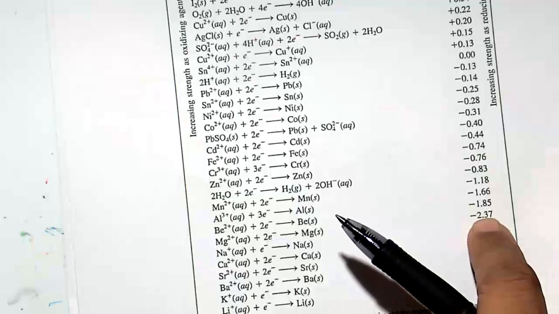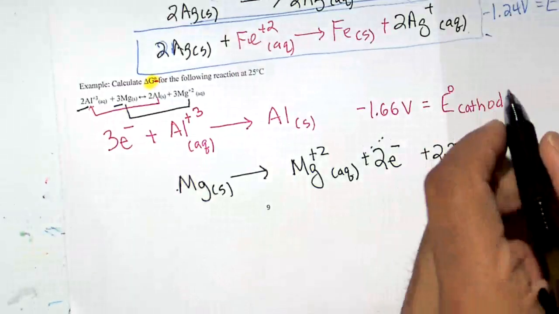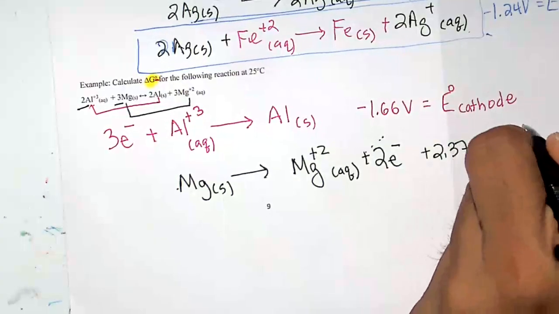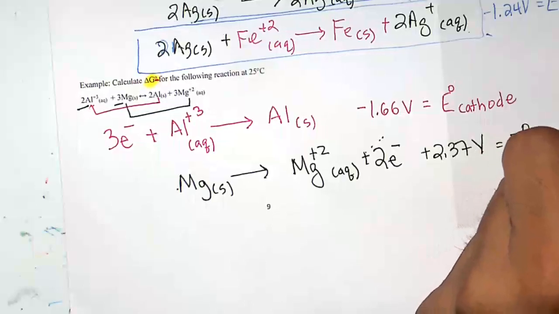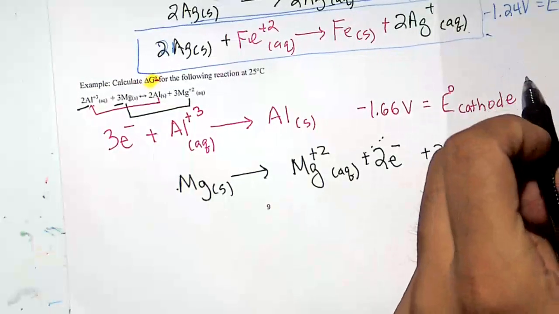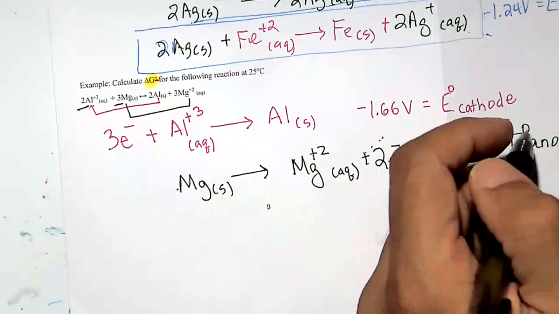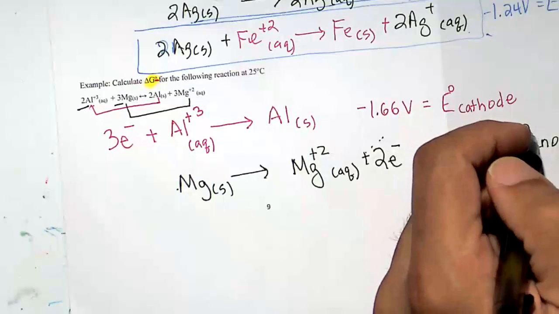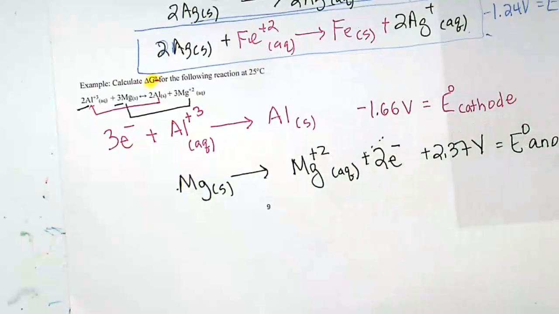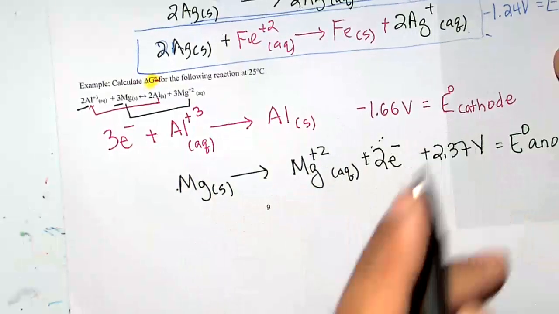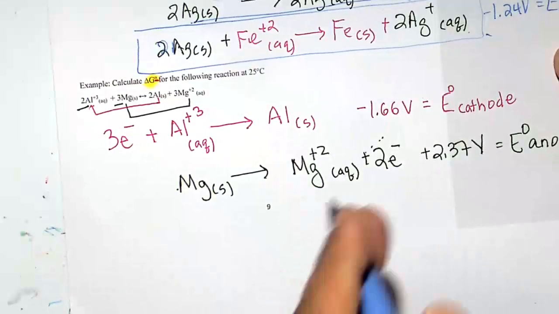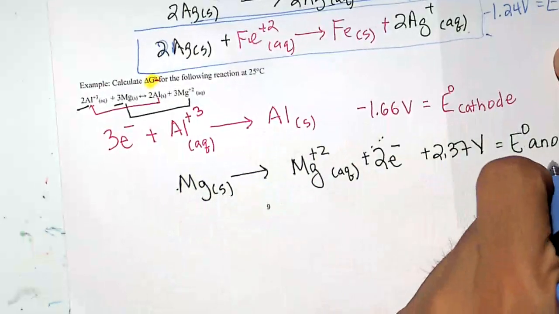So when we flip it, we flip the sign. And this is the anode or the cathode? Anode. Well, obviously, if this is the cathode, then the next one has to be what? You can't have two cathodes, or you cannot have two anodes. So, okay, so good. Nice job, all of you.